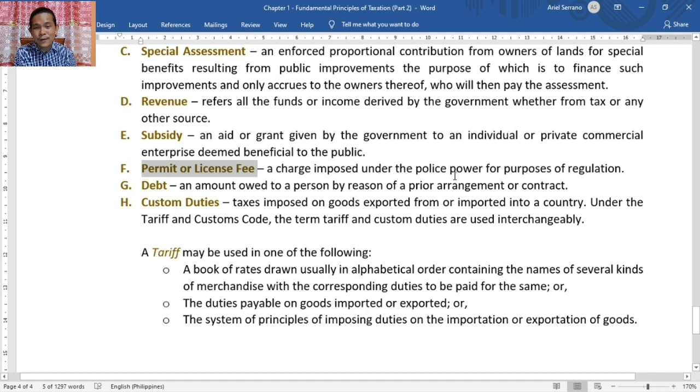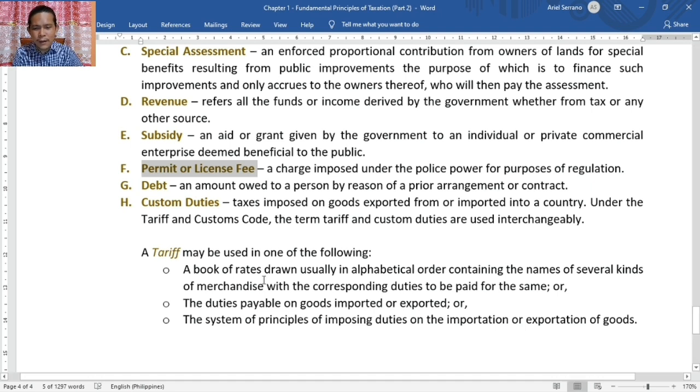Okay? So, license fee, permit. So, halimbawa, business registration, mapa establishment, or sabihin na natin, nag-register ka ng sasakyan mo sa LTO, may mga permits na binabayaran pa. Debt. Ang debt, utang. That is an amount owed to a person by reason of a prior arrangement or a contract. So, debt is an utang.